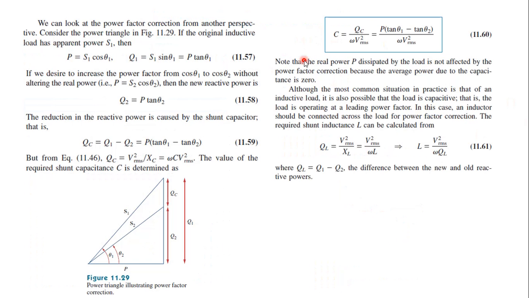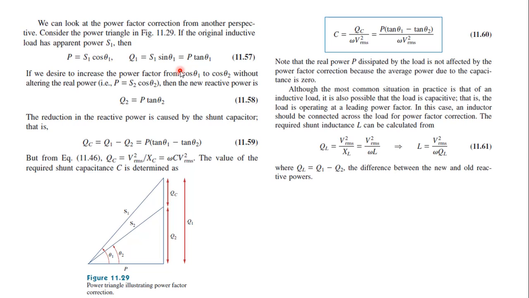Then P, that is real power, can be written as S1 cos theta 1, and Q can be written as S1 sin theta 1, because we know that S is equal to P plus jQ.